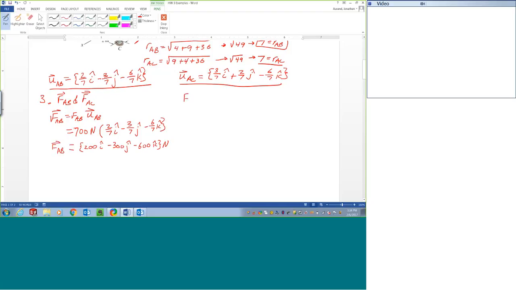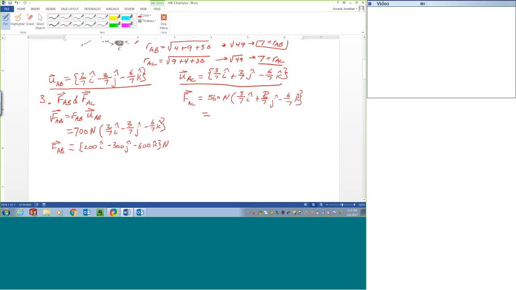And FAC I'll put over here on this side. It's 560 newtons. Multiply that by 3 over 7 i plus 2 over 7 j minus 6 over 7 k. Again, the math works out pretty well.